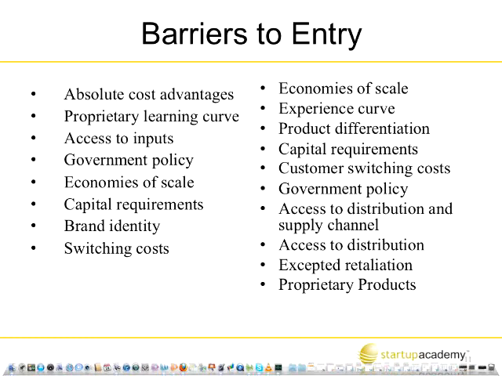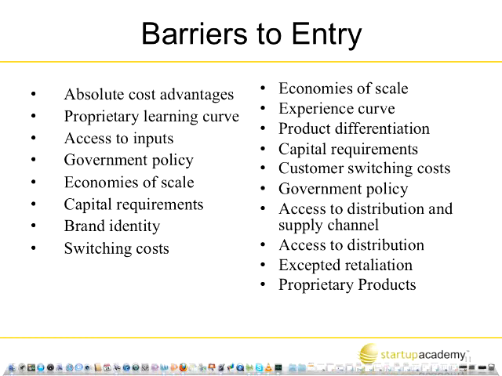Now, barriers to entry are a double-edged sword. So first, what is a barrier to entry? A barrier to entry is some condition, some situation that impacts our ability to enter the market, that makes it more difficult for us to enter the market.